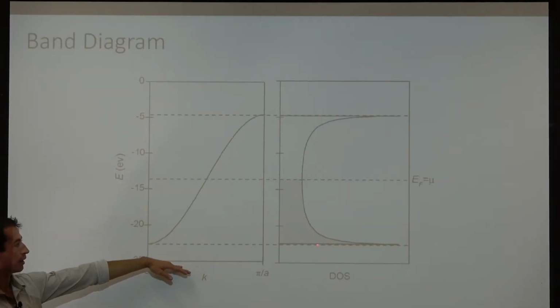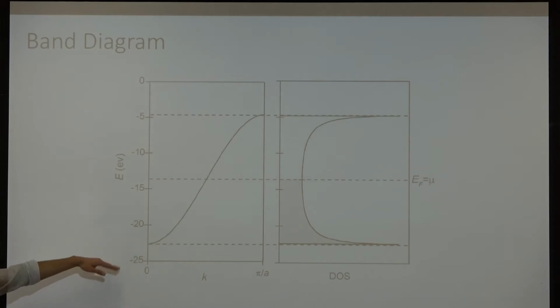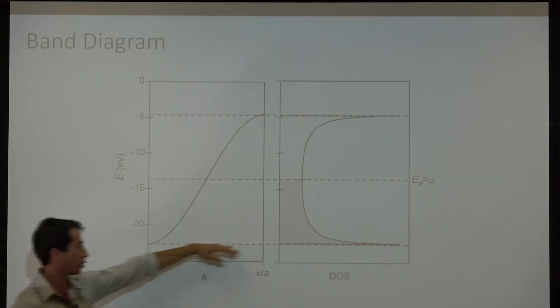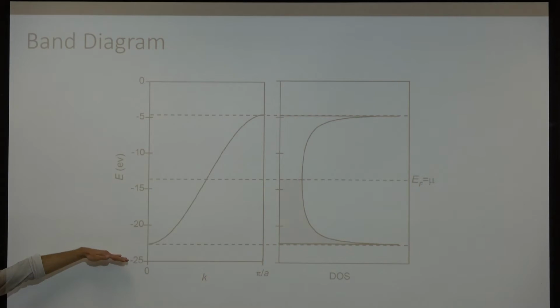When we first constructed this, we showed that these are all of our bonding sigma orbitals, which are lowest in energy. So it makes sense that this point down here corresponds to our lowest energy on our density of states for linear hydrogen.